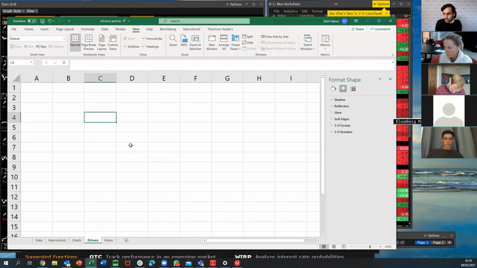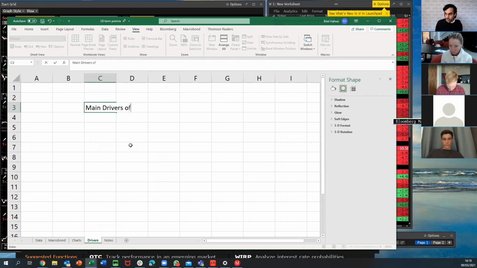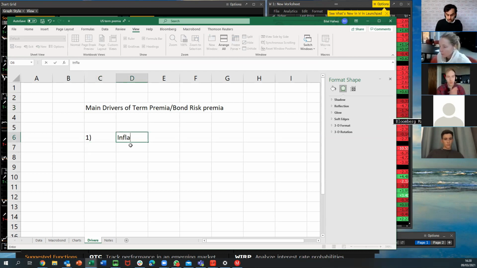The most important in my view is inflation. So the main drivers of term premia, the bond risk premium. Number one, the big one, inflation.